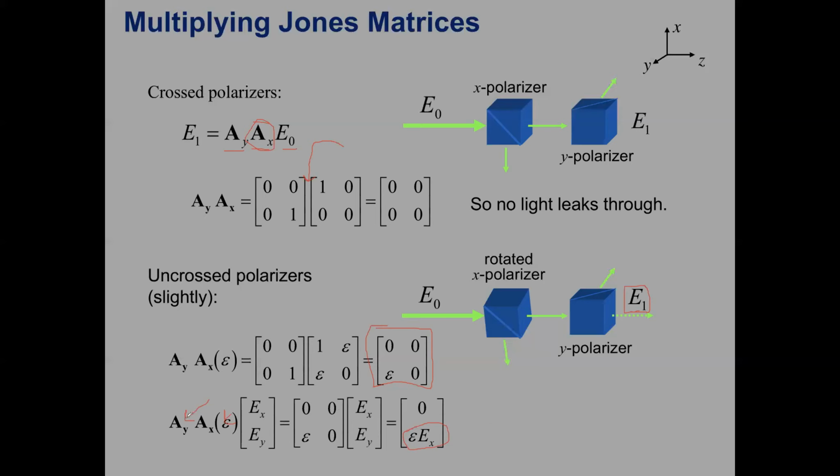The second polarizer is a Y polarizer, so what we get out is a little bit of the Y polarization. It's still going to be polarized along the Y direction, but now the polarizers aren't perfectly crossed, aren't perfectly at 90 degrees, so we get some small amount of electric field through. So just a little bit of practice with these matrix mathematics, showing that the properties of our devices are well represented by these matrices.